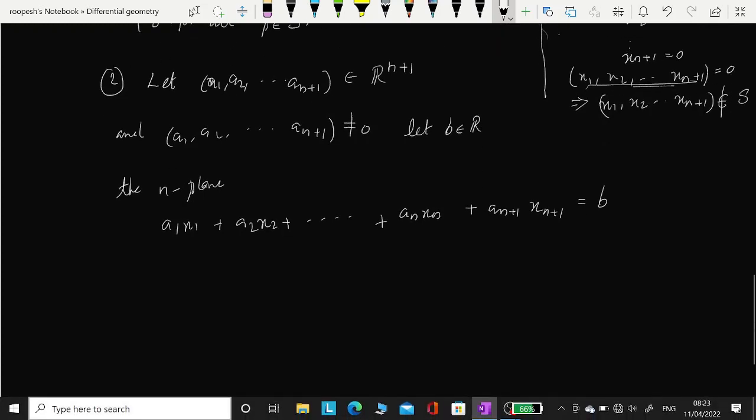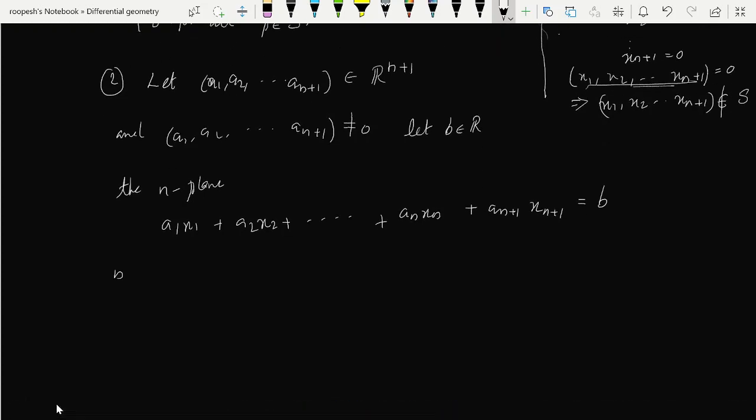Definitely it will form a level set, f inverse of b, where f of (x1, x2, ..., x_{n+1}) is, what should it be? a1 x1 plus a2 x2 plus and so on plus a_{n+1} x_{n+1}. If this is the function, we can express this n-plane as f inverse of b.